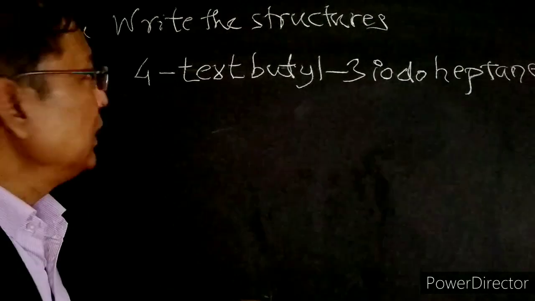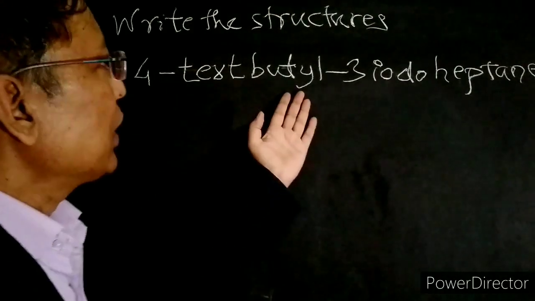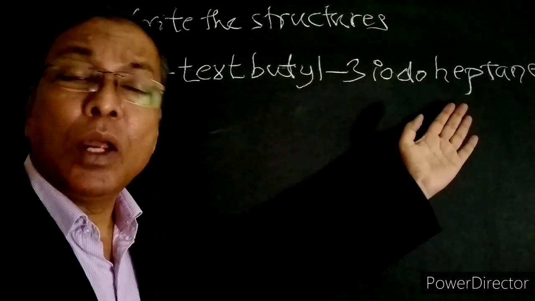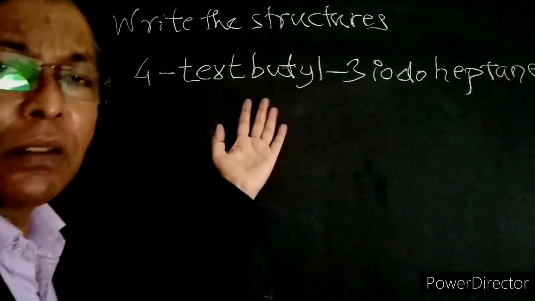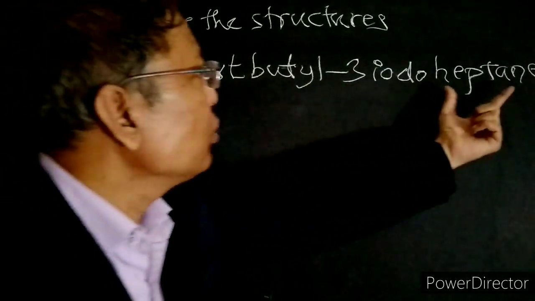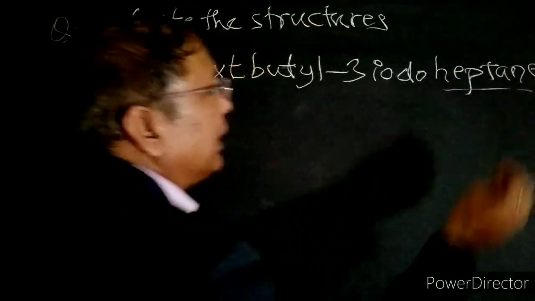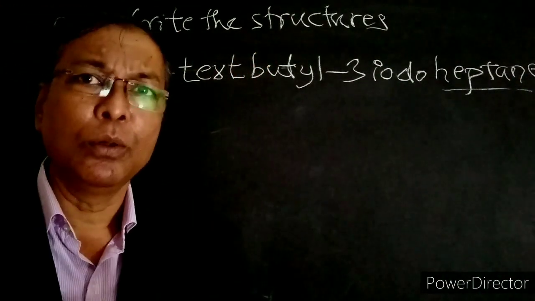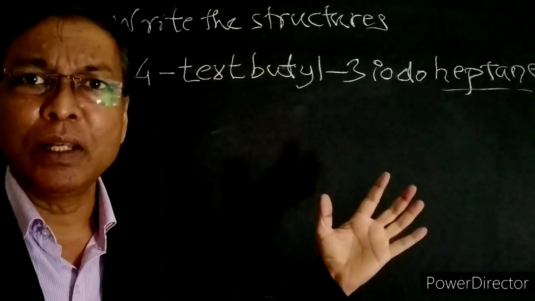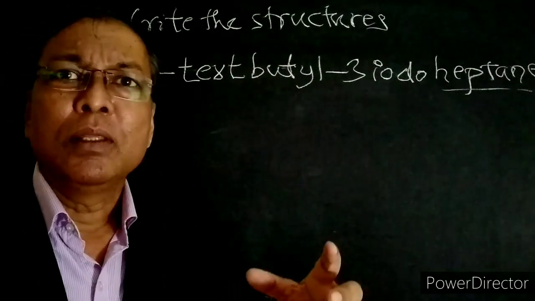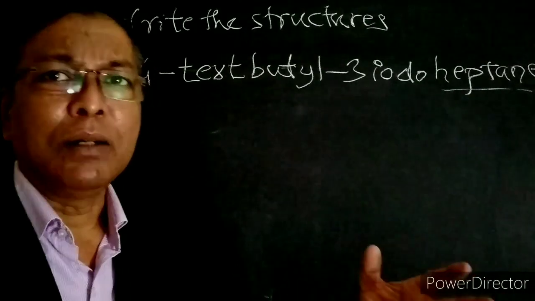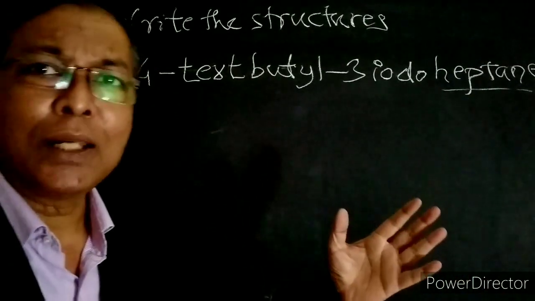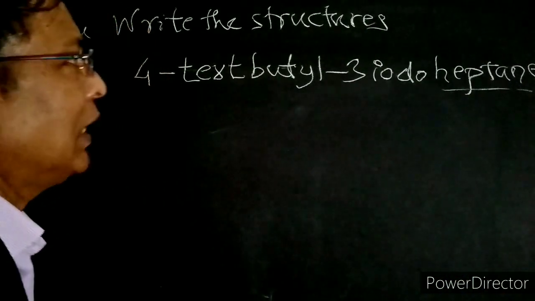The next question is 4-tertiary butyl 3-iodoheptane. We have to write the structure of this name. So we have to see the end part of this, that is heptane. Heptane means 7 carbon atoms. In one of my nomenclature videos, I have given how to name the alkanes from 1 to 100. Please visit my channel and you can see that also. That will help you.